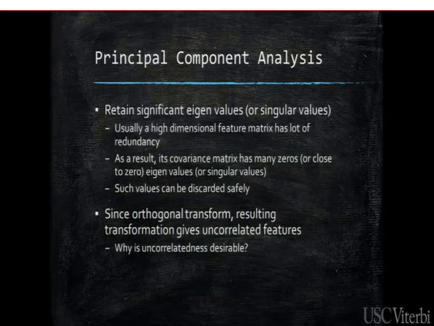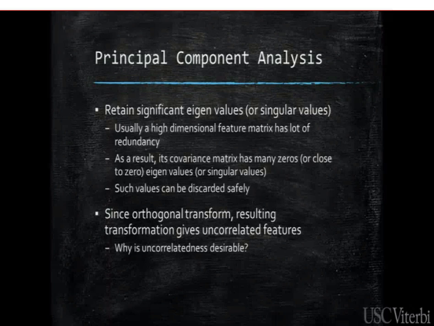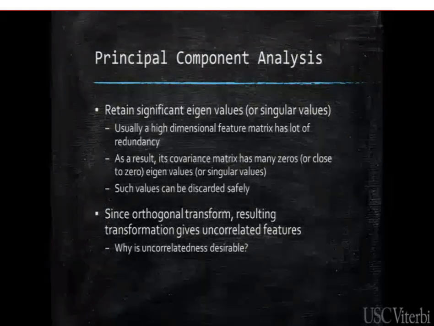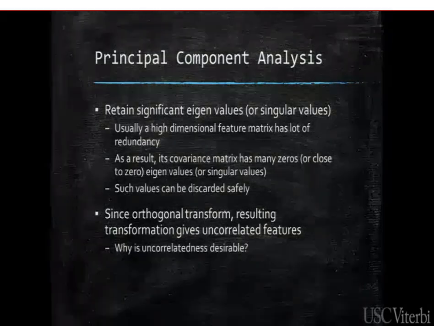So what does principal component analysis do? It retains the significant information by transforming the original space from a high dimension to a lower dimension. Since you're talking about a high dimension space, suppose you have 10,000 data points and 1 million feature dimensions, then you have a matrix of 10,000 by 1 million.